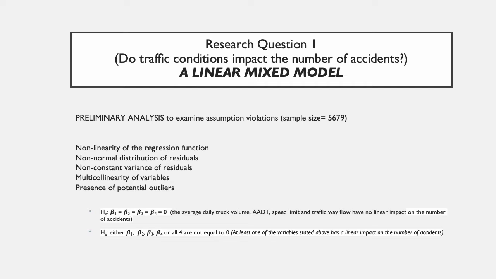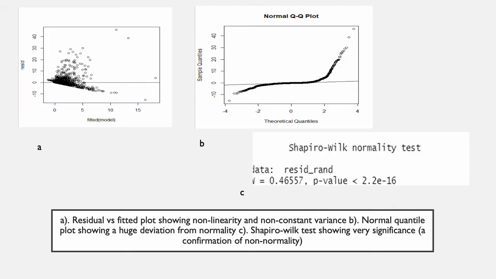First off, we use some preliminary analysis to examine assumption violations, which include non-linearity, non-normal distribution, non-constant variance, multicollinearity, and the presence of potential outliers.